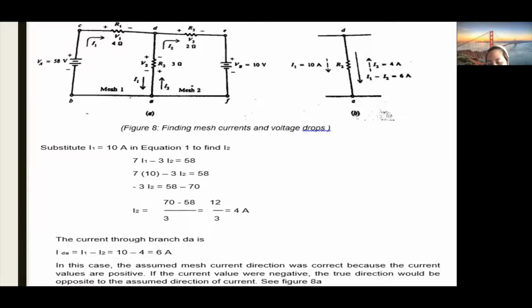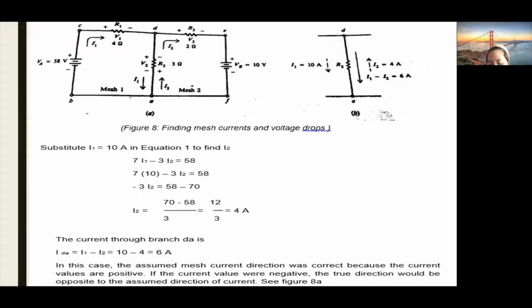So 7 times 10, so negative 3 I2 is equal to 58 minus 70. Or you just have to change it to 70 minus 58, since there's no negative current. 70 minus 58 over 3, cancel. So that's why we have I2 now.